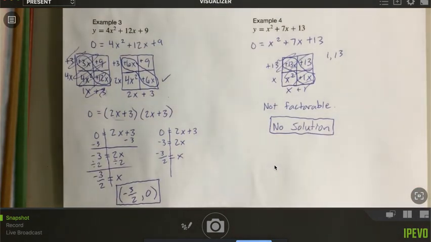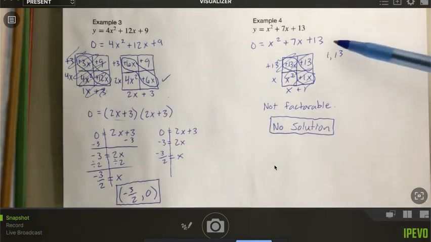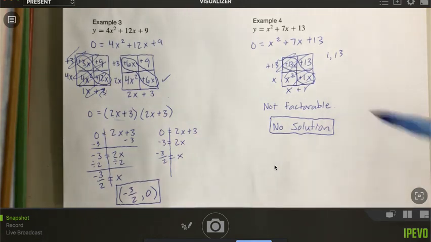So not factorable doesn't necessarily mean there's no solution. We'll look at cases later this week where something can be unfactorable but still have x-intercepts. They're very special cases, but for now, when you see that something, no matter what you try, is not factorable, head to the graph and look, and odds are you're going to see that there's no solution.